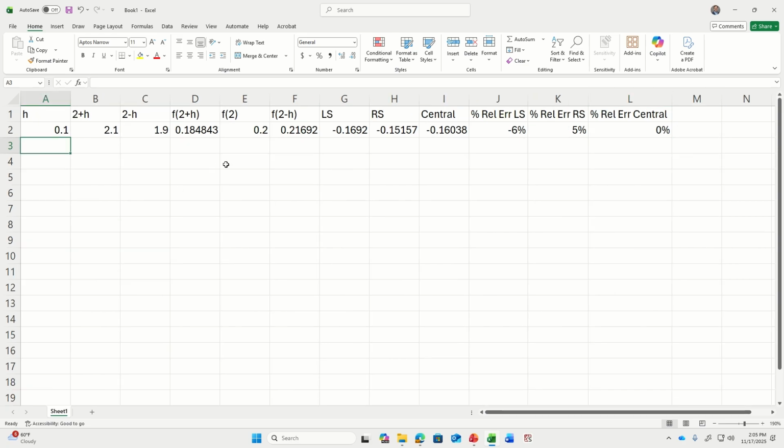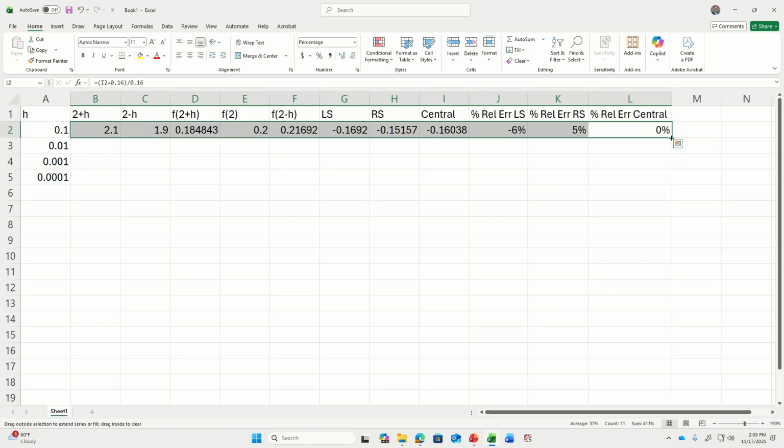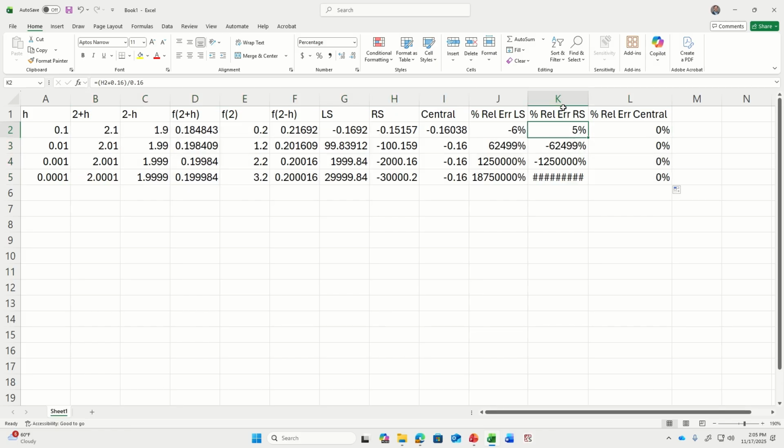And then I don't just want 0 plus 0.1, but maybe 0.01, 0.001. Some of these. So let's fill in some of these and see what we get. Oh, something broke.